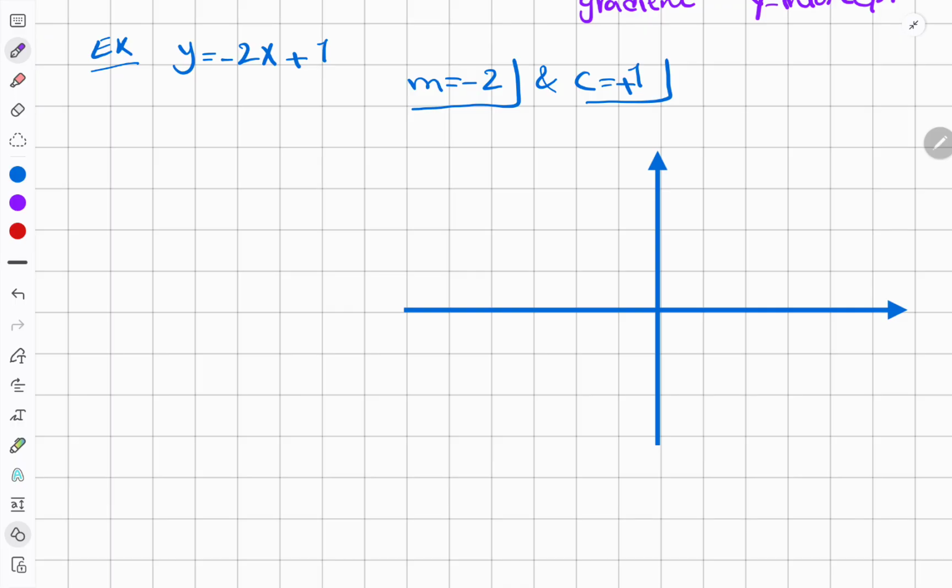Okay, we know that gradient is difference of y's over difference of x's, or y step over x step. And in this question, the gradient is negative 2. We can consider 1 for the denominator.